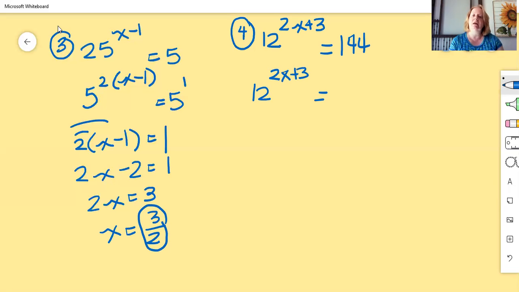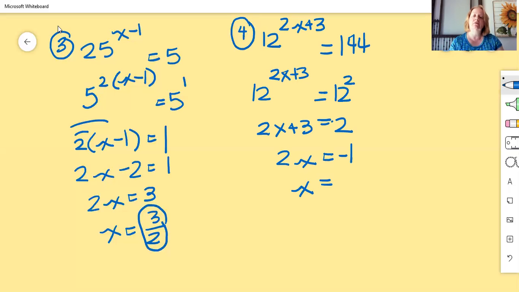And I'm going to rewrite 144 as 12 squared. So now the bases are the same, so I'm going to set the exponents equal to each other. And I'm going to solve for x. So I'm going to subtract the 3, so 2x equals negative 1. Divide by 2, so x equals negative 1 half. All right.